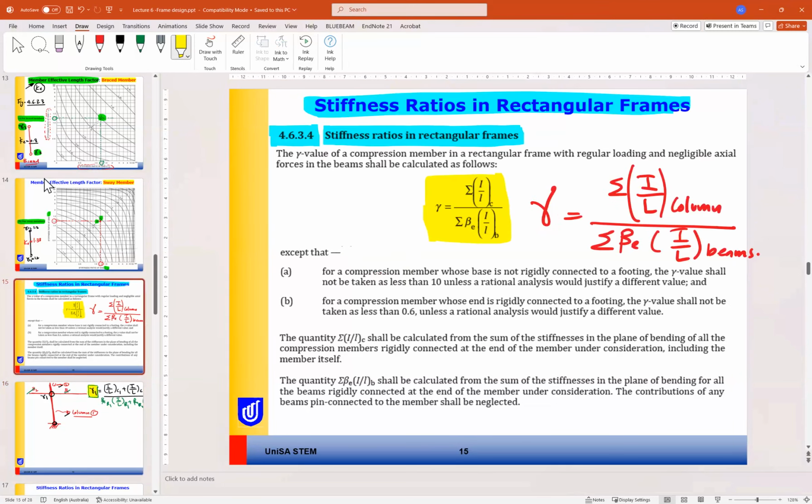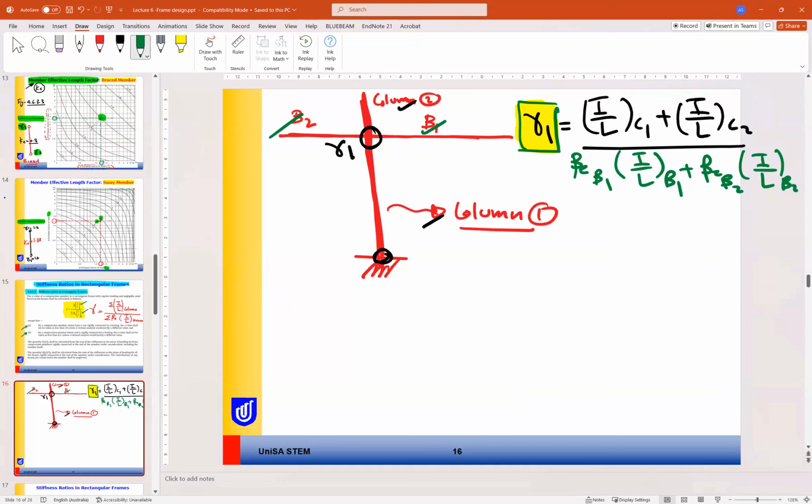So if we look back here, we know this one and this one, summation I over L, summation I over L, and the standard gives us exceptions for a compression member whose base is not this. So for members connected to beams and columns, this is the formula.